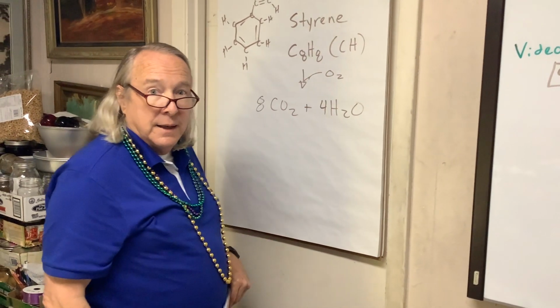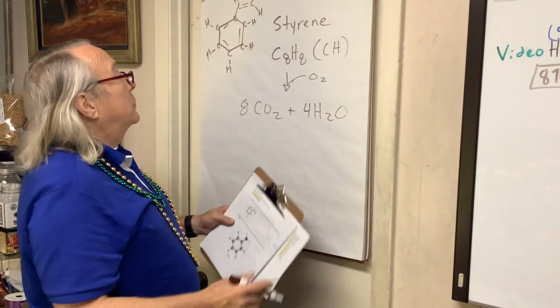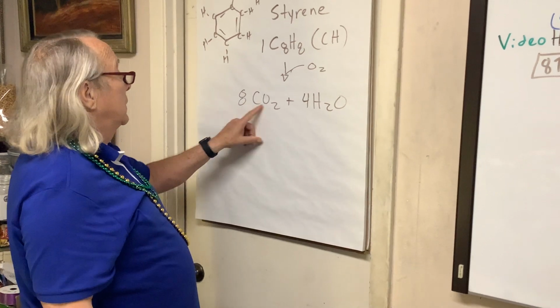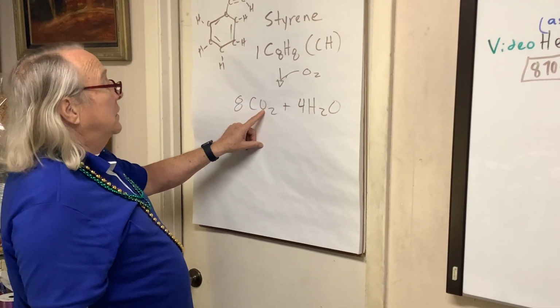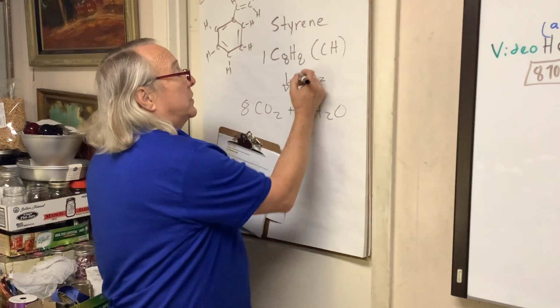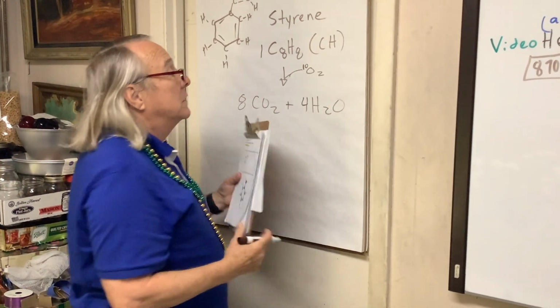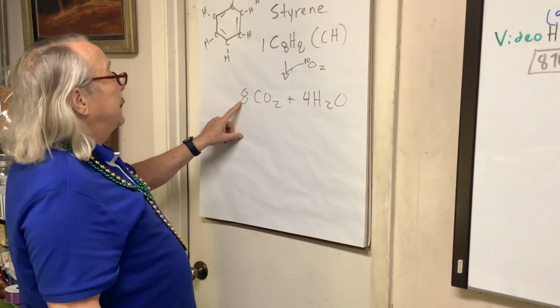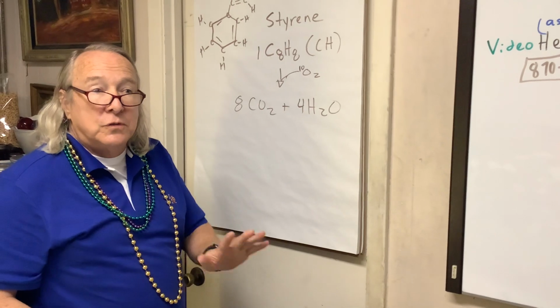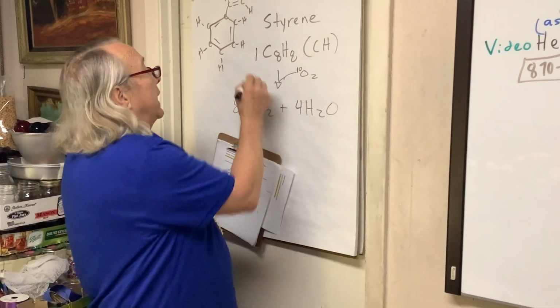Okay? So my balanced equation would be one of these plus 10 oxygens will give me 8 carbon dioxide and 4 waters. But here's what those are. Those are molar ratios, okay?